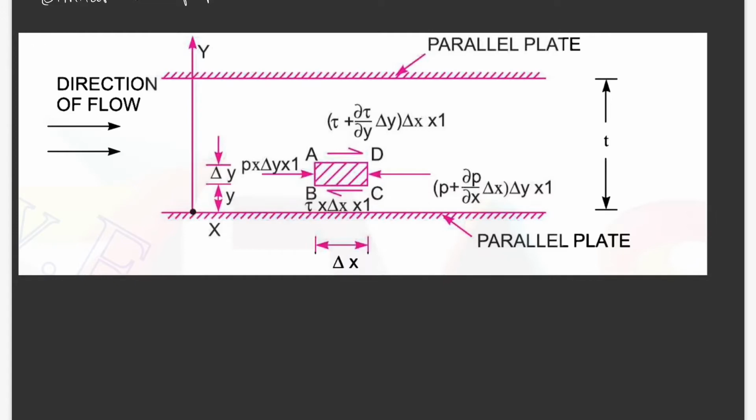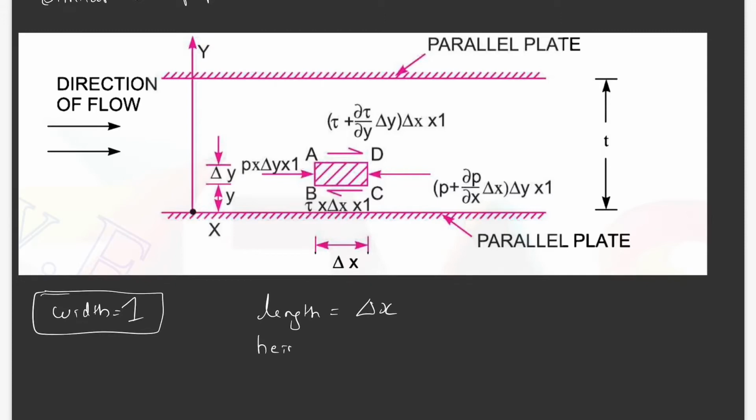Now earlier we considered a 3D element. Now, for the sake of making the calculations easier, we are taking the width of this element as 1. Length is equal to delta x.